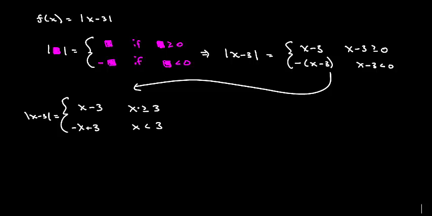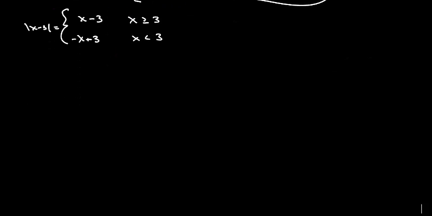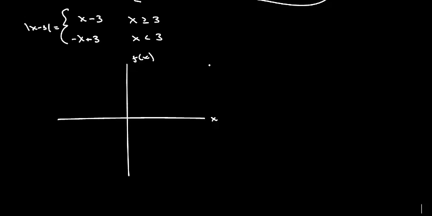Now let's go ahead and graph that out. Let me grab a straight edge here and move this down just a little bit. First, if this is f of x and this is x, and we're looking at f of x equal to the absolute value of x minus 3, you already know that the absolute value of x is a V shape centered at the origin.